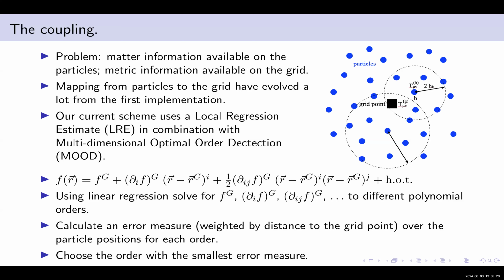Then you can evaluate this function on the grid points and measure the error based on the value that you know exists there. And you can weight that by the distance to the grid point using one of these kernel functions. And then you can choose the order that has the smallest error estimate in order to get things as accurate as possible.